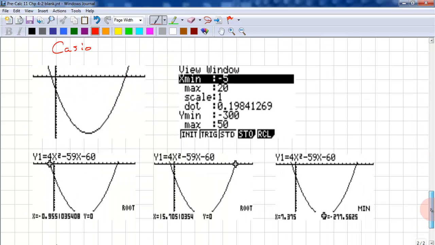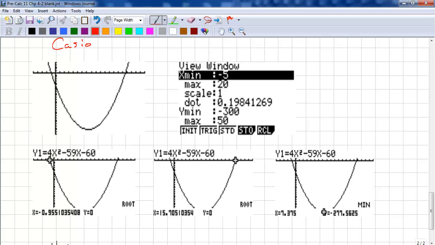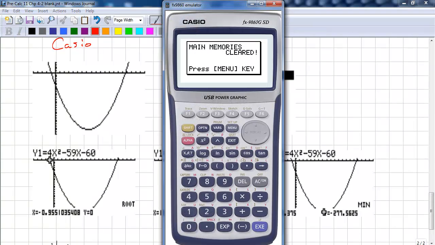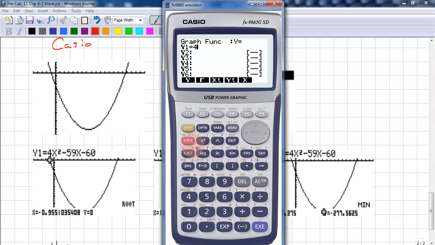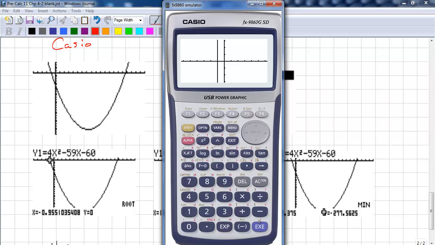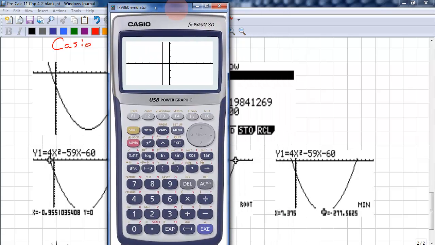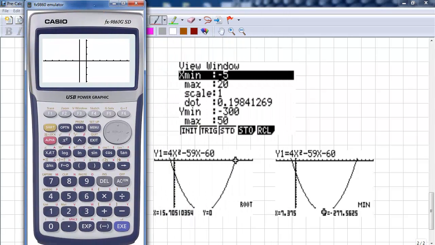On the Casio, we can do the same thing. I'll just show you the button sequence. For x squared minus 59x minus 60. And draw. Again, we go through the same sequence, but I'm just going to enter the window.